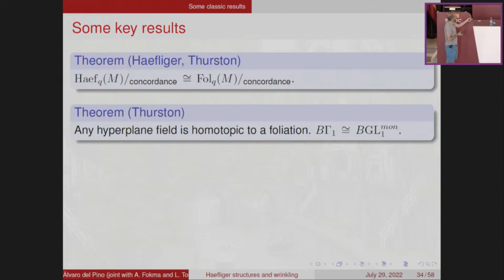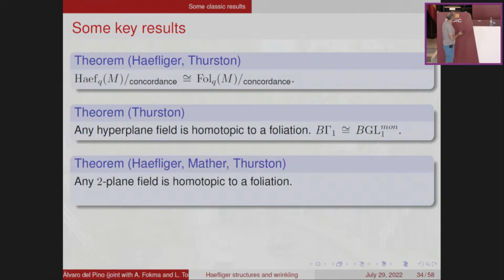And what we are saying is that this is homotopy equivalent to the classifying space of the normal bundle itself. I'm decorating it with this mon, which says monomorphism or something, because BGL1 just classifies the normal bundle as a bundle. But I should remember that the normal bundle has to be inside the tangent bundle. So that's what mon means.